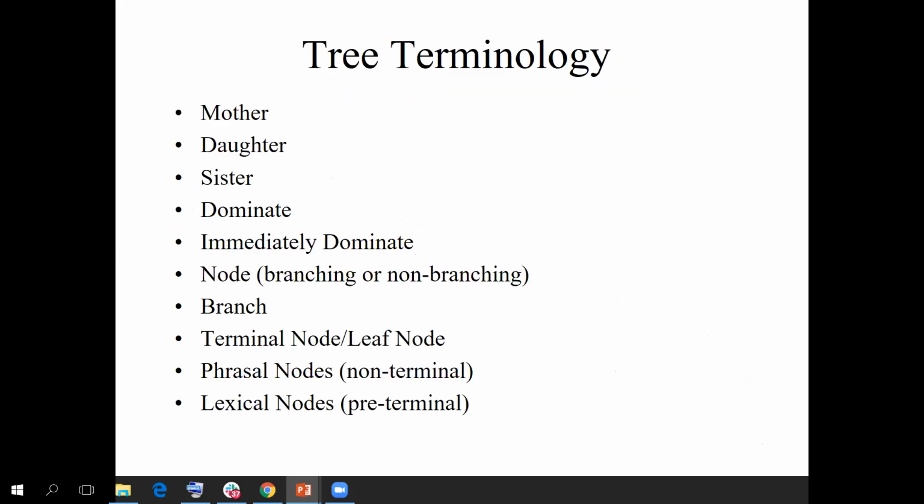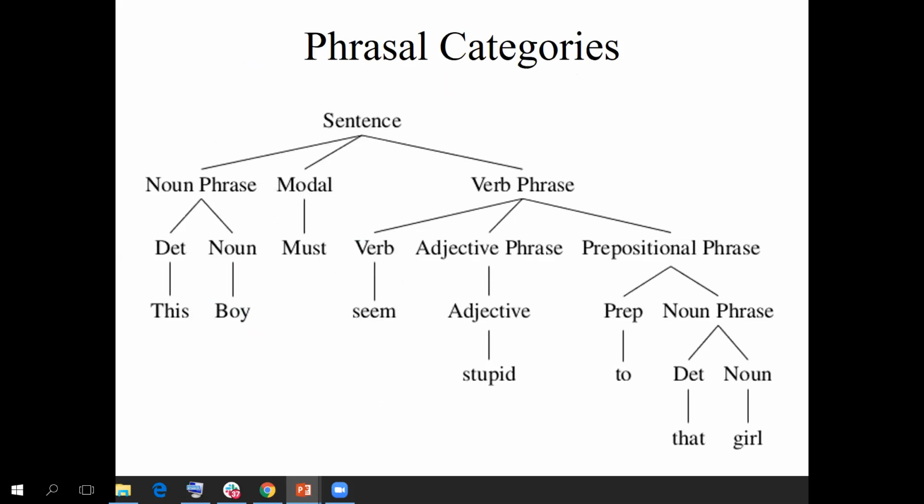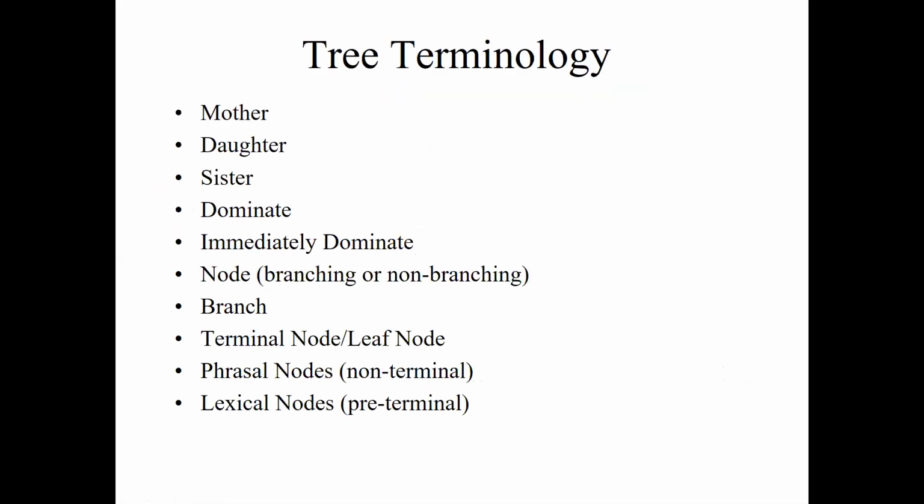Let's review. Linguists use somewhat different terminology than you might have seen in computer science. We talk about the node above a node as its mother, and the node below as its daughter. So we would say that noun phrase, let's see. Can you see my, no, my tablet's not writing anymore. Hang on, I'm trying to get the tablet to write.